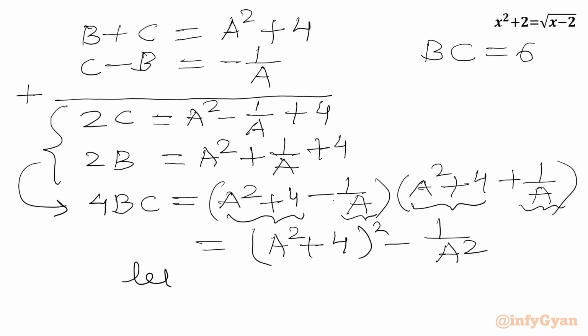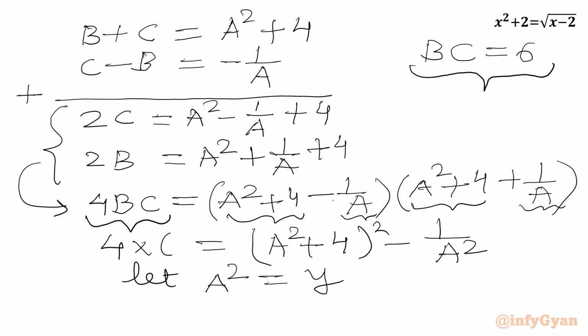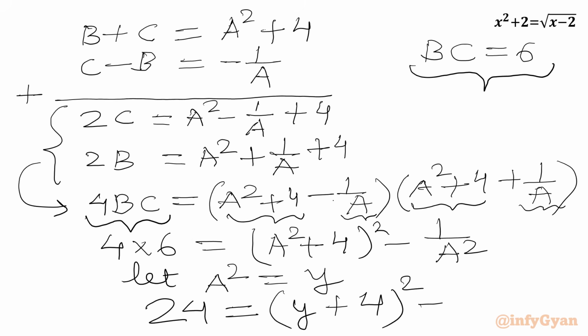Now let us assume a square equal to y. Now bc is 6, which we are going to plug in here. So I can write 4 times 6, which is 24, in the left hand side. And in the RHS we will write (y plus 4) whole square minus 1 over y.